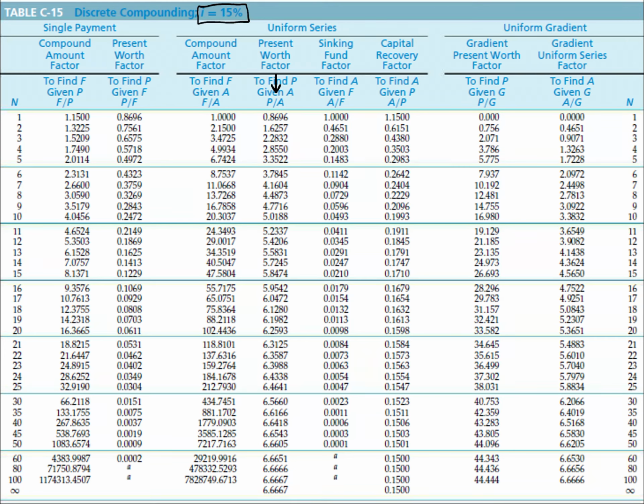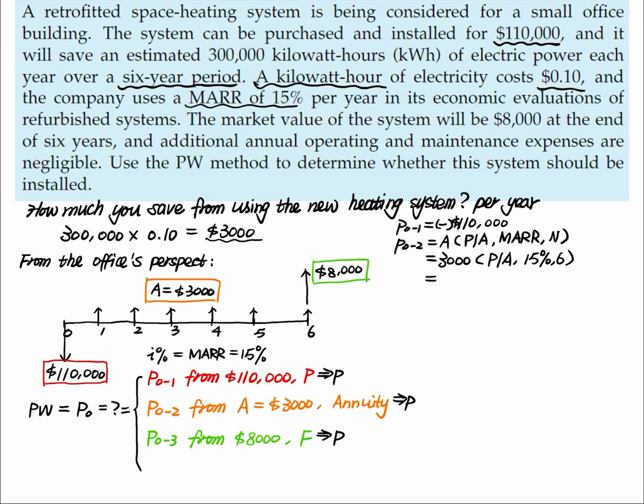So just check this. So P/A, again, this table is for i equals 15. Okay, you always find the table first, and then find the column and the row. Number of years, 6. So this is your factor.